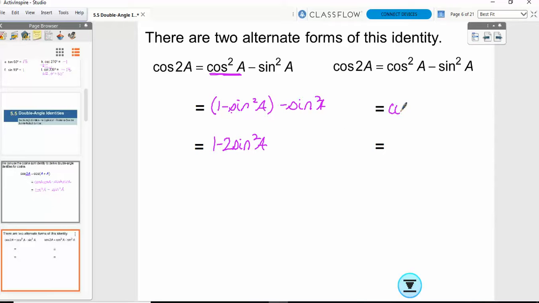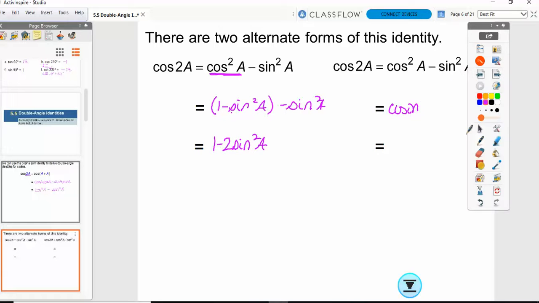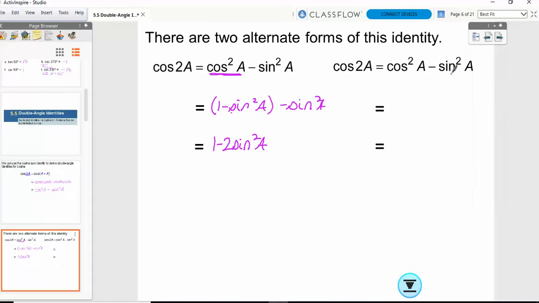Or I could replace sine squared. So if I replace this, sine squared a is 1 minus cosine squared a.